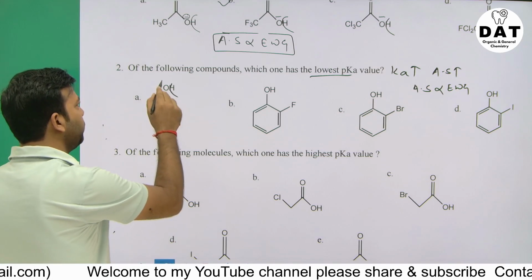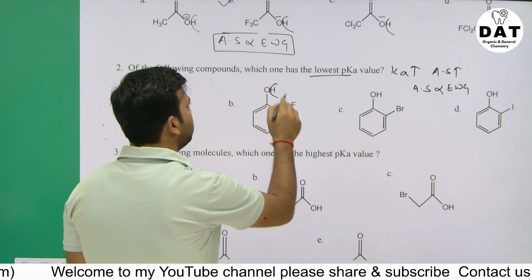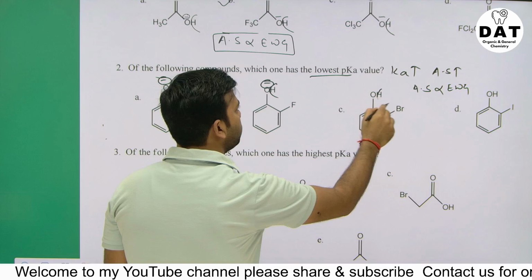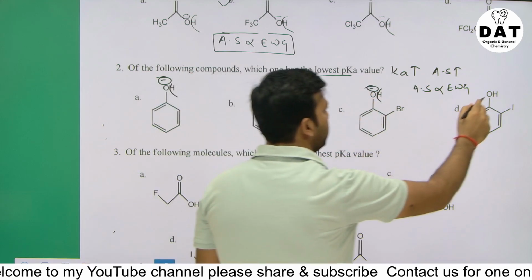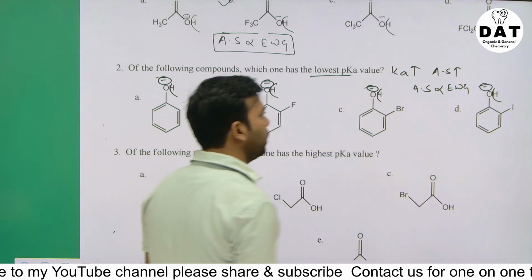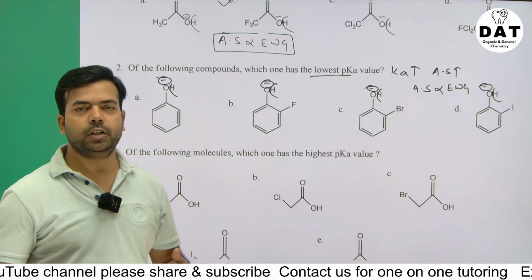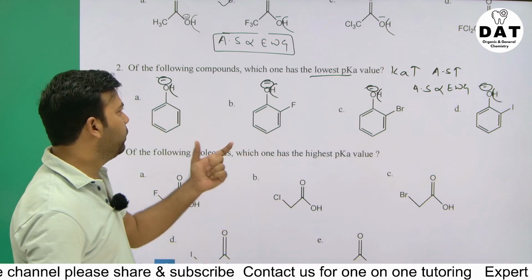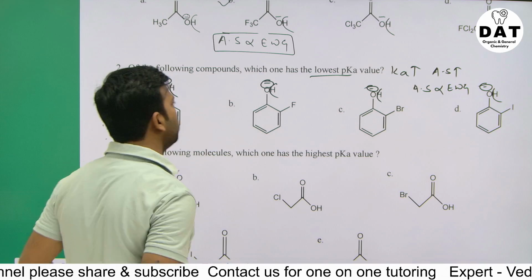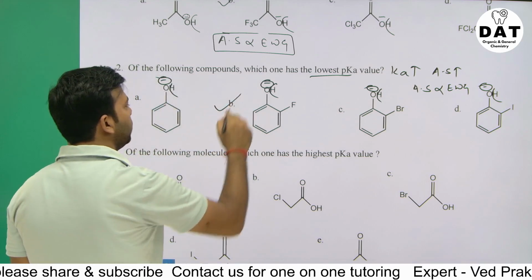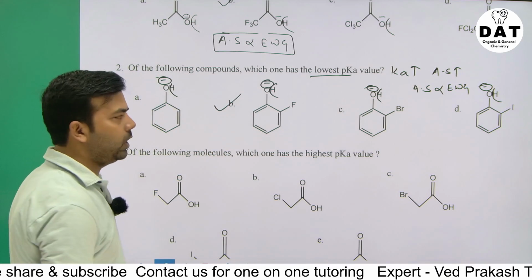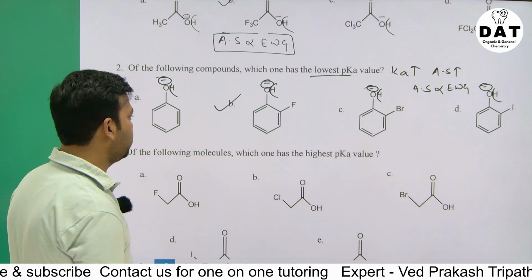Here we have this one, here this one, here this one, and here this one. Out of fluorine, bromine, iodine, fluorine is a strong withdrawing one, and it will stabilize the conjugate base. So this is the most acidic. That has the lowest pKa, means highest Ka and highest acidity.